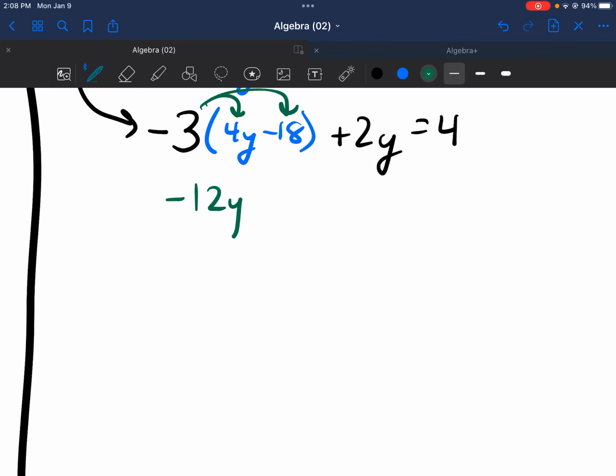I get -12y plus, let's do 18 times 3, which is a positive. Oh, that is not 44. Sorry about that. It should be a 54. And then I bring my add 2y down.